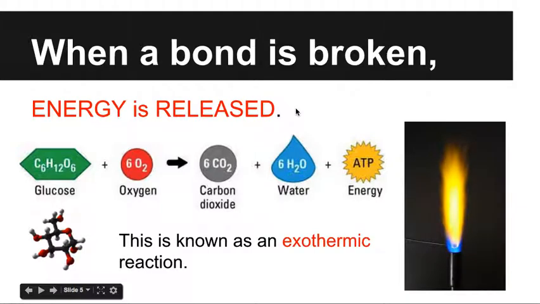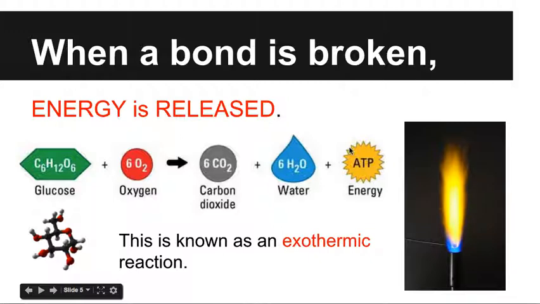When we break a bond, energy is released. If you burn gasoline, you're breaking bonds and releasing energy. Looking at the reverse of photosynthesis, this is called respiration. You eat sugar, you breathe in oxygen, you break the bonds in glucose, and you release carbon dioxide and water, and you also release a lot of energy.